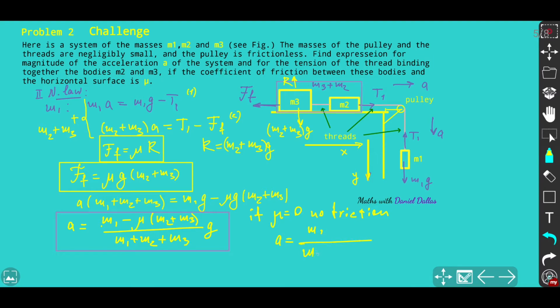I'll mark the total mass of the system as M total. So that's going to be the fraction M1 to M total. As you understand here, M1 is the mass of the hanging object that, due to the gravity, pulls the rest of the system.